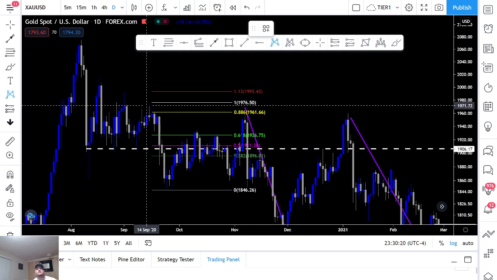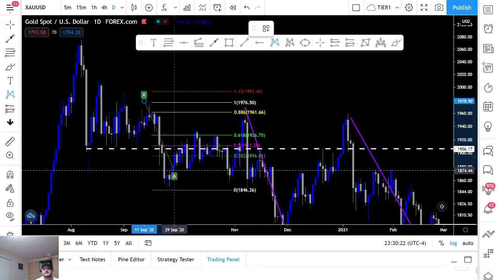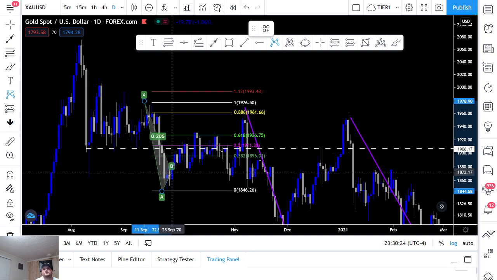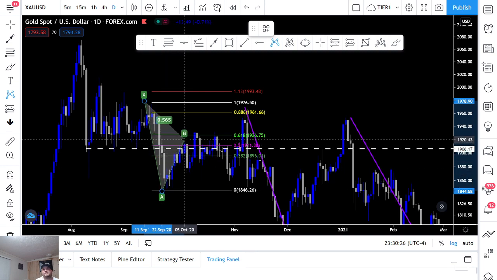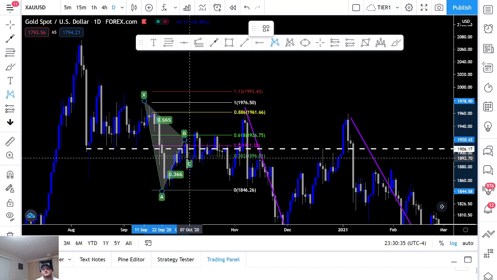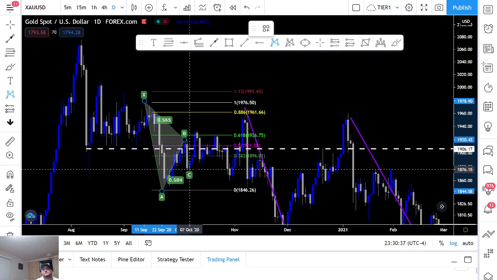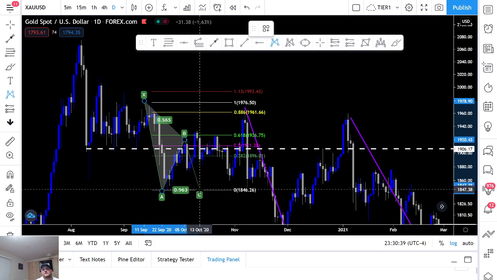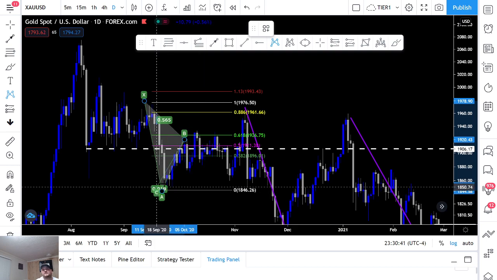Your bearish bat pattern, you would need an impulse leg down, you would need a retracement up to the 50%, you would need a 38 to 61, or you could come all the way down here just as long as it doesn't break this.